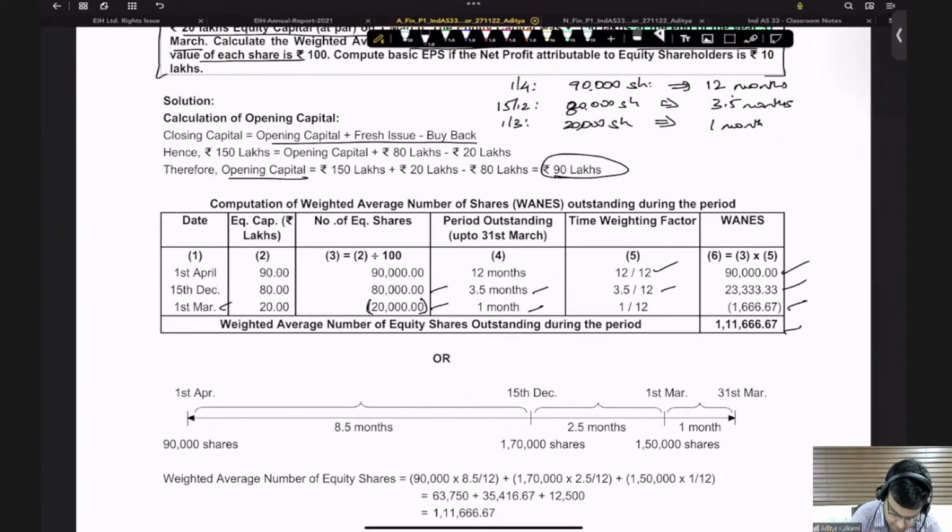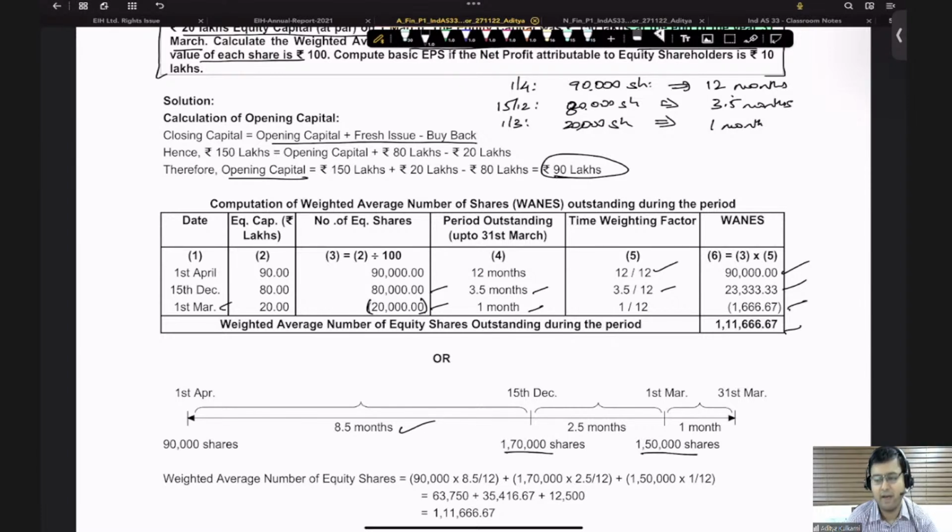So 1st April, we had 90,000 shares till 15th December. So that is a period of 8.5 months. On 15th December, you are having additional 80,000 shares getting issued. So 90 becomes 1,70,000, plus 80,000. And after 2.5 months, I'm buying back 20,000.